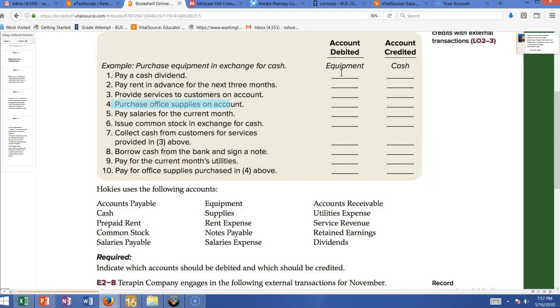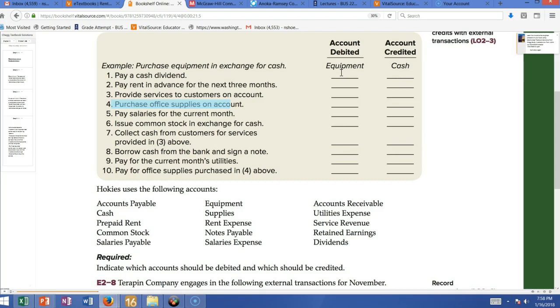If we're paying rent in advance, we're going to receive a future benefit. So we know the two accounts, cash and prepaid rent. They're both assets, aren't they? What is the normal balance of an asset? A debit. So prepaid rent will be debited and cash is credited, because cash is going down and prepaid rent is increasing, right?